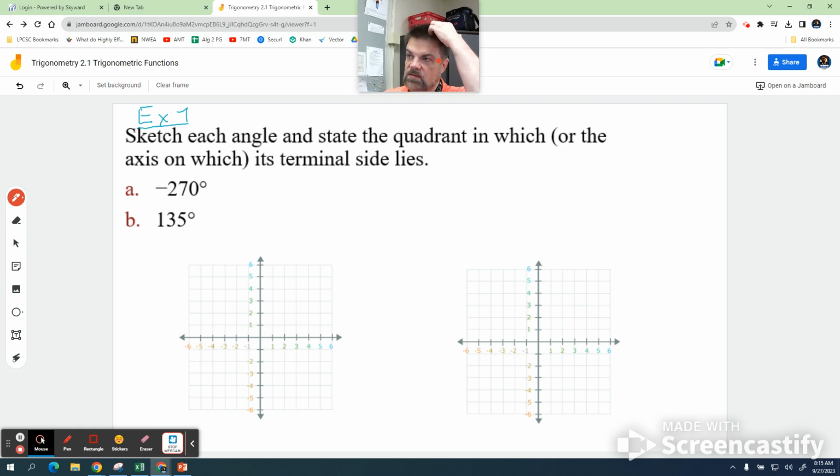Each quadrant is 90 degrees. But A is a negative angle. So I start here at 0, right? That's going to be my initial side. So I'm going to draw my little line here.